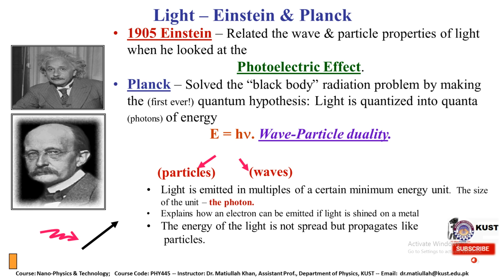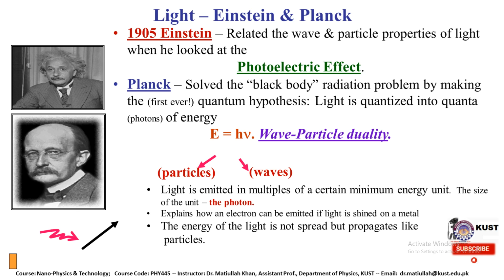There was further development in science, where in 1905 Einstein developed a theory regarding the wave and particle properties of light, and that was made by some experiments. One of them was the photoelectric effect, where it was considered that light has a quantized nature, and that was given the name of photon.